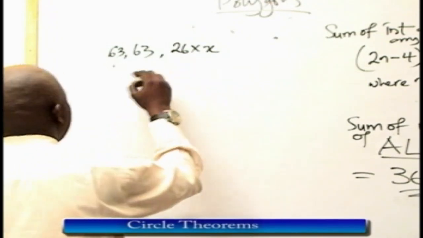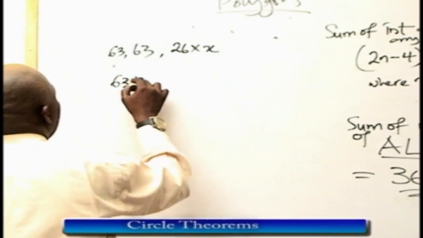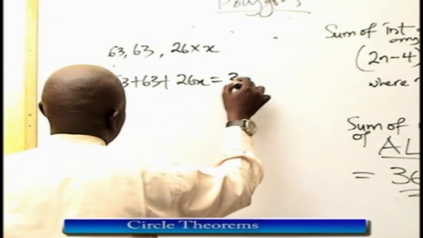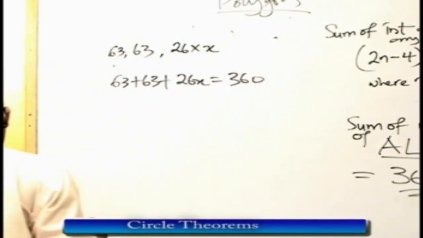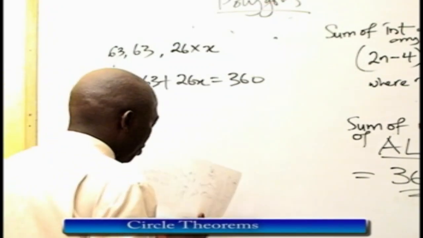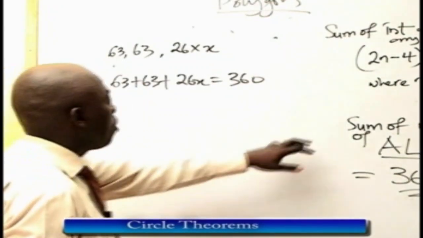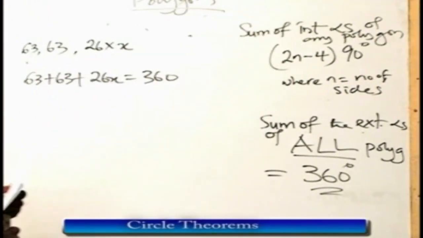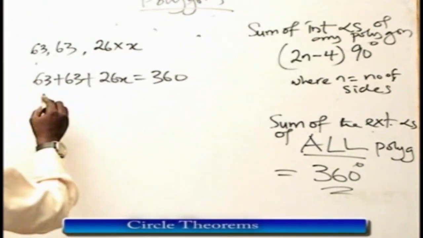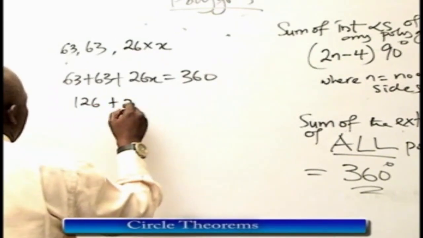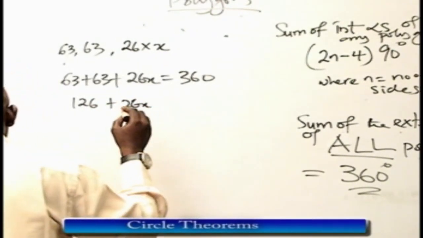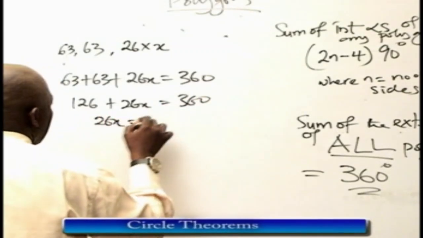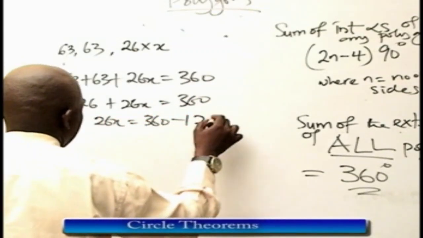So we have 63 plus 63 plus 26x equals 360, because the sum of the exterior angles of all polygons is equal to 360. If you add these together, you have 126 plus 26x equals 360. Then 26x equals 360 minus 126.